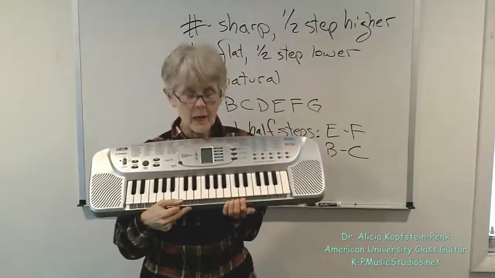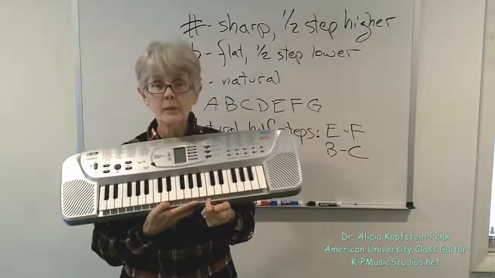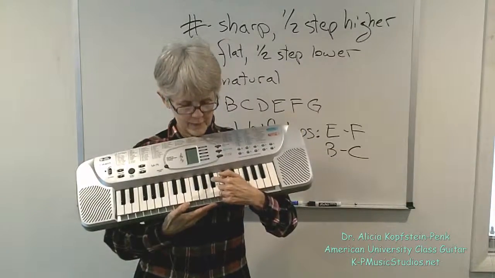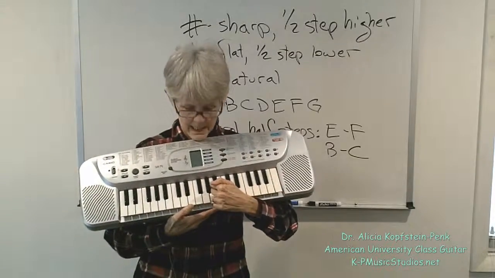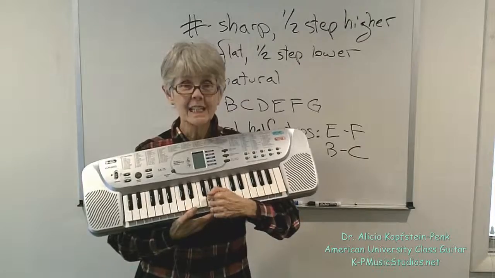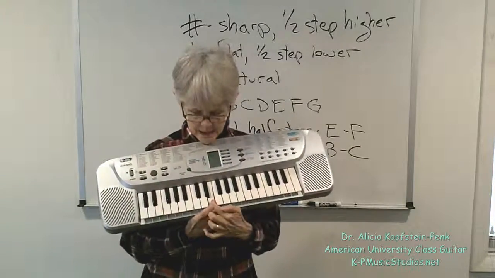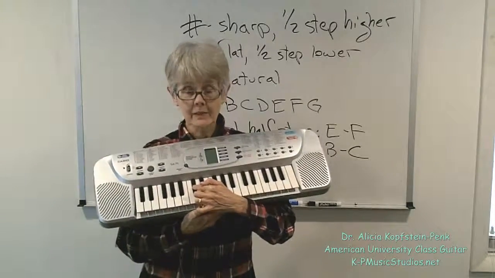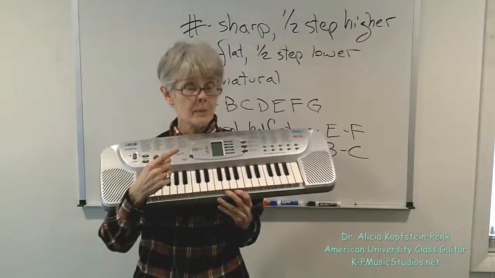So, now, flat. Flat means lower than. So this is C, this is B, then B flat, A, A flat, G, G flat, F, directly to E, E flat, D, D flat, C. So there's an interesting phenomenon in music.